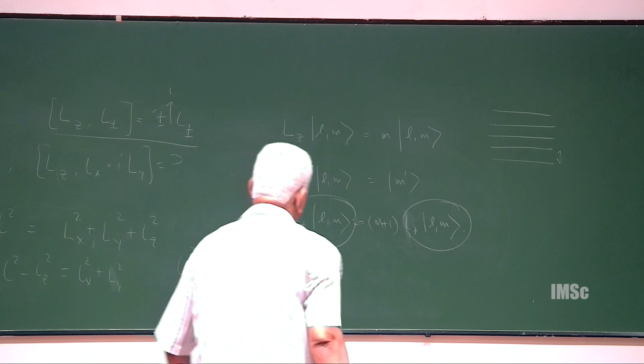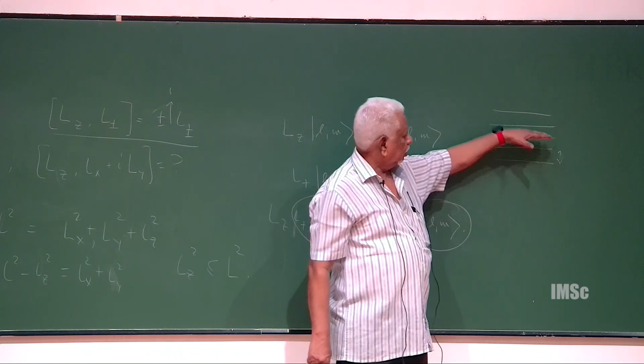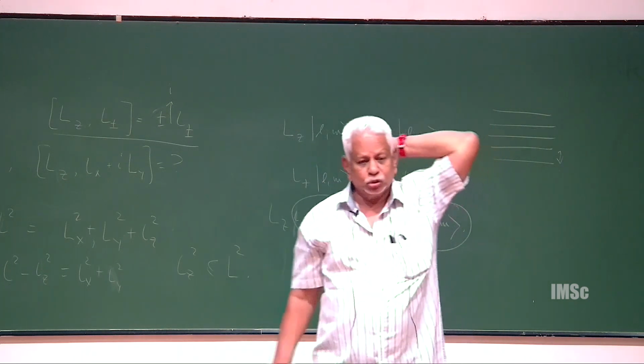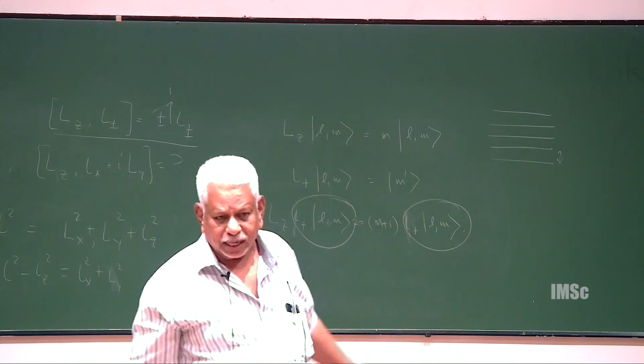But I was just telling you that I start acting on M, I go to M plus 1, M plus 2, etc. Beyond some value, it has to stop, otherwise it will not obey that.